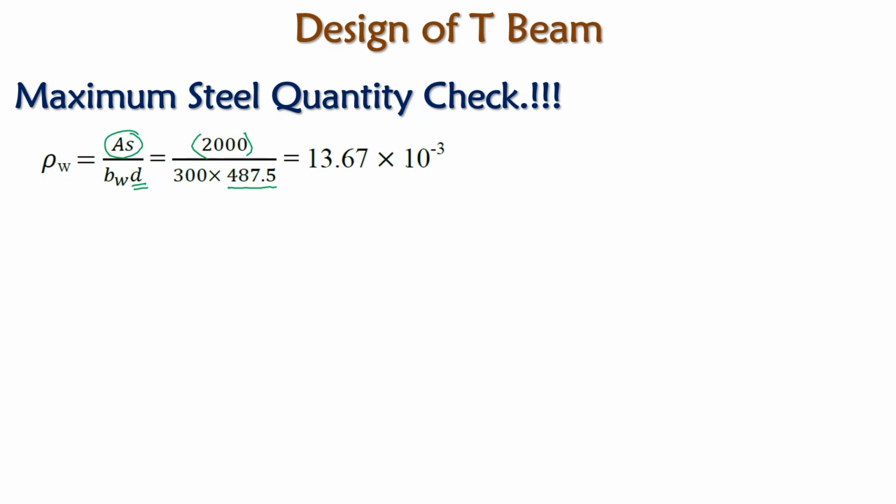When we calculate this, it comes to be 0.01367. This is the ratio of steel that is used in our beam.